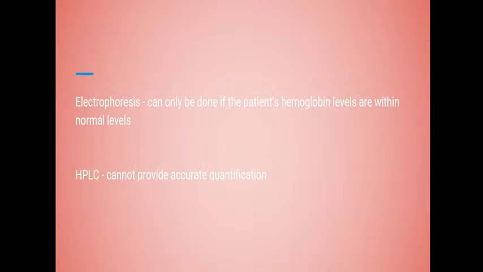In my hospital, we only do high-performance liquid chromatography, and if we want to confirm the diagnosis, we send it for electrophoresis. Because why? In hemoglobin electrophoresis, you can separate the other hemoglobin variants. In HPLC, you have to guess based on the percentages of the peaks.